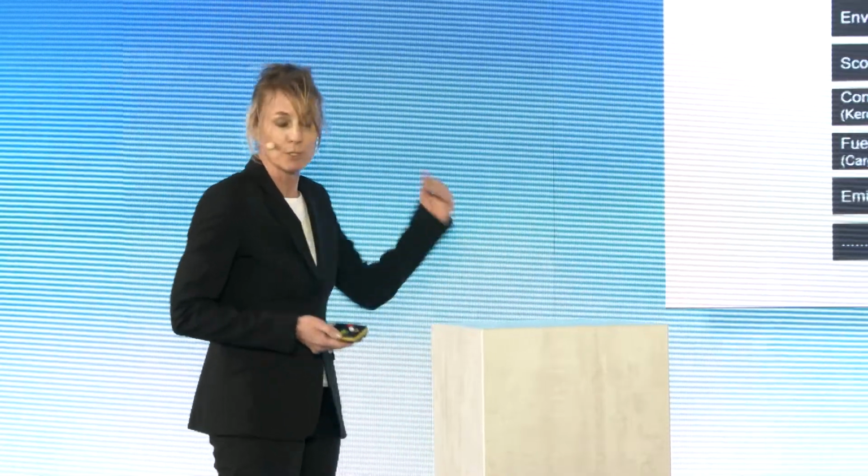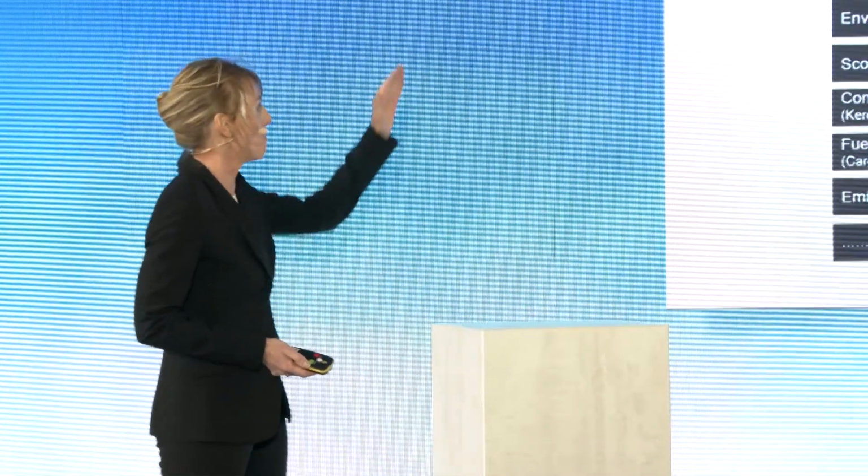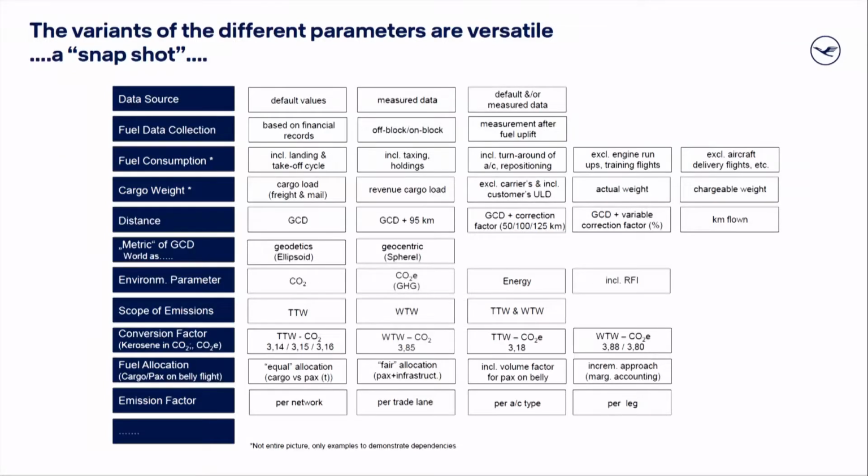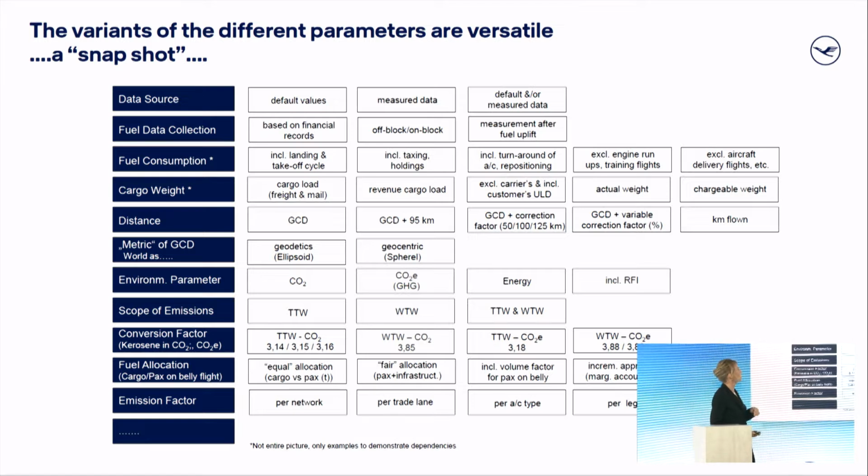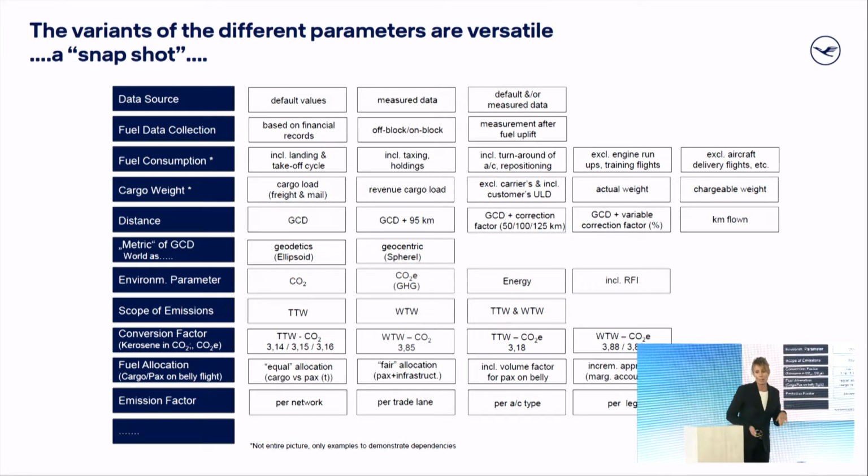The next slide will give you an overview of how many parameters are available and options you have to decide. I will not go into detail, but you see there are many parameters with many options. You have to decide what kind of fuel data and data sources to take. Do I use default data or measured data? What is the definition of cargo weight?